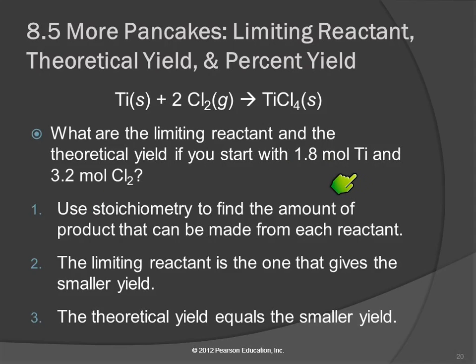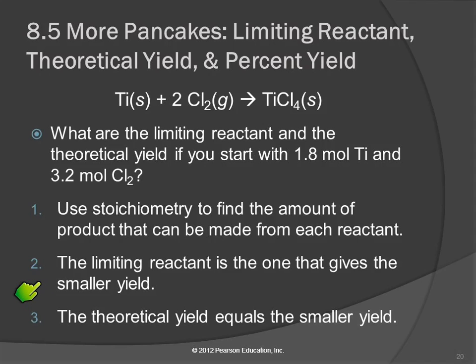this amount of titanium and find out how much product we can make. This is step one: use stoichiometry to find the amount of product that can be made from each reagent. So we're going to do two parallel calculations, one for titanium and one for chlorine. Then we're going to look at the results of that and find the smaller one.